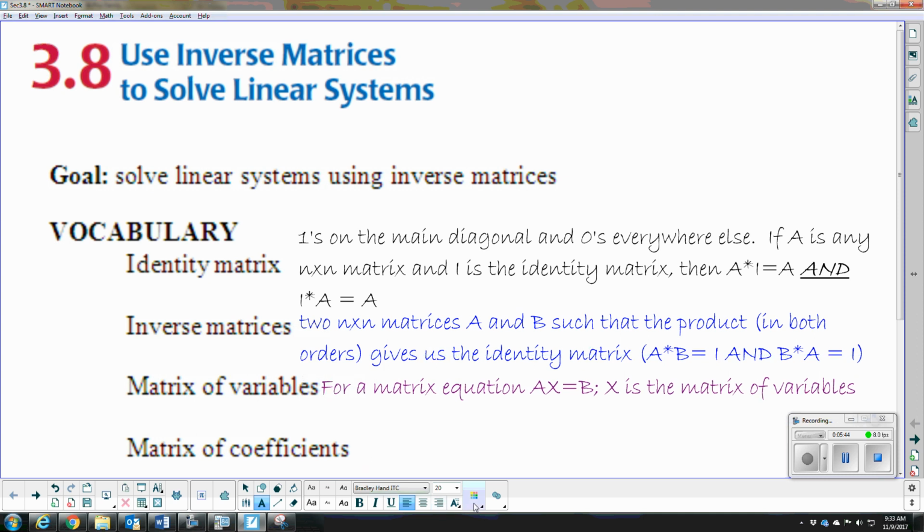And then for a matrix of coefficients, coefficients are the terms in front of the variables. So for a matrix equation AX equals B, A is the matrix of coefficients.